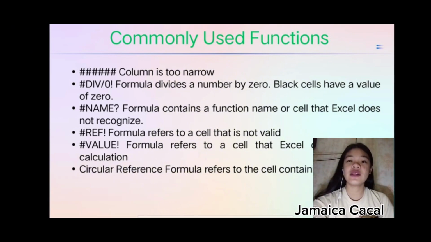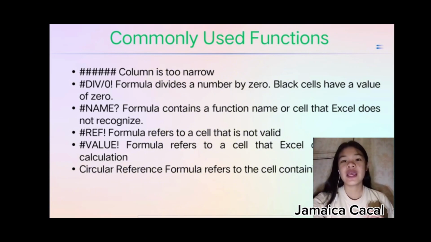And next is the invalid cell reference. The formula refers to a cell that is not valid. This error appears when a formula refers to a deleted or moved cell. And next, the value error, or the invalid data type. The formula refers to a cell that Excel cannot use in calculations.